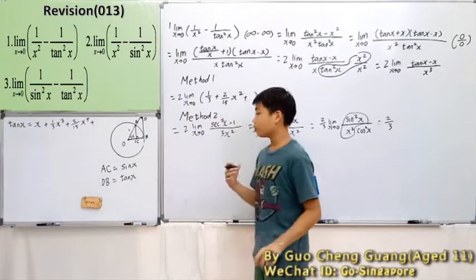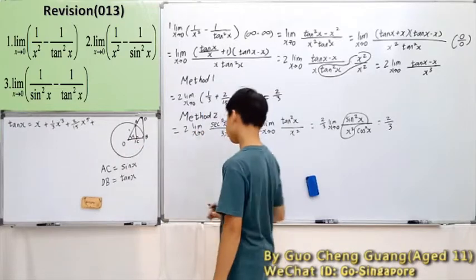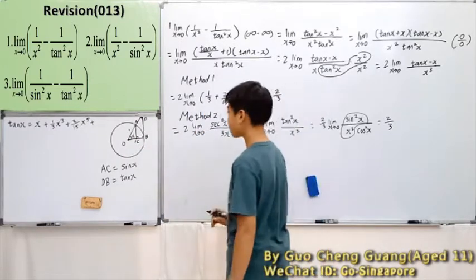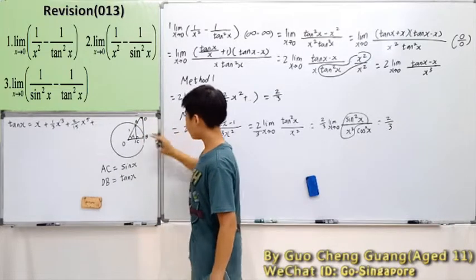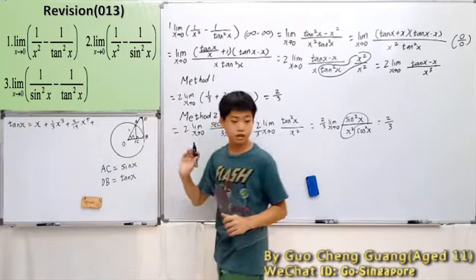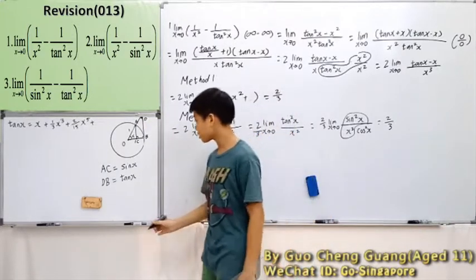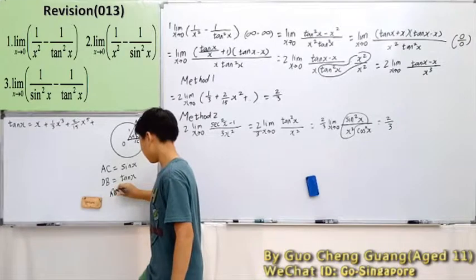Okay, later on we'll continue to find what's so special inside here. AC, these two. Then you might have a question, how about this arc AB?